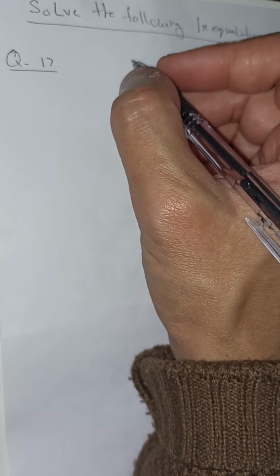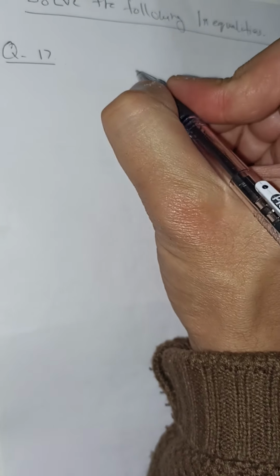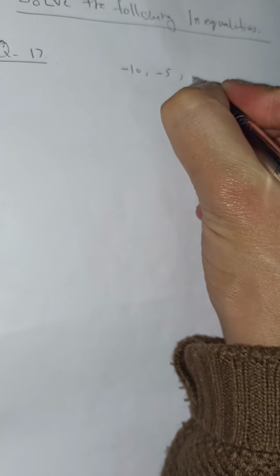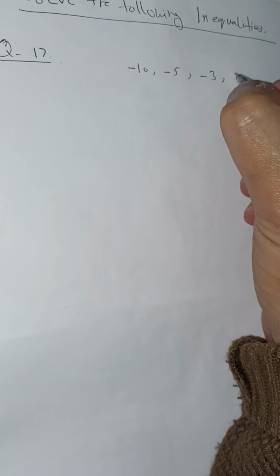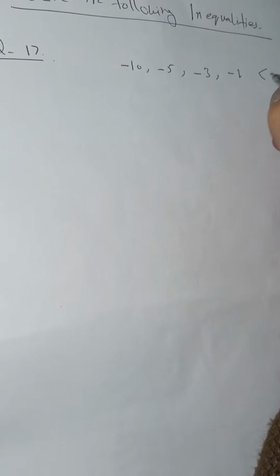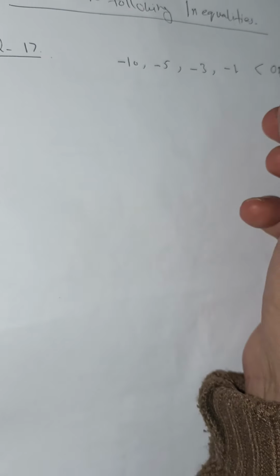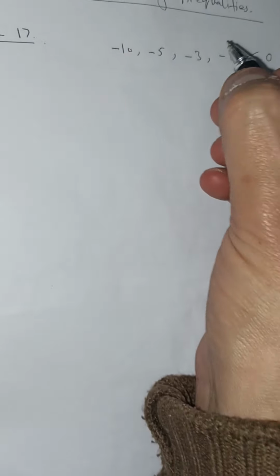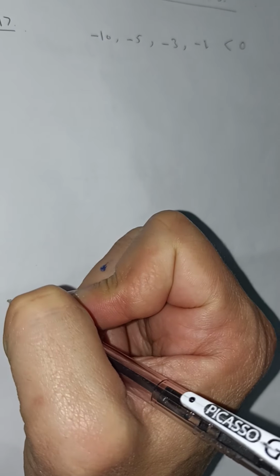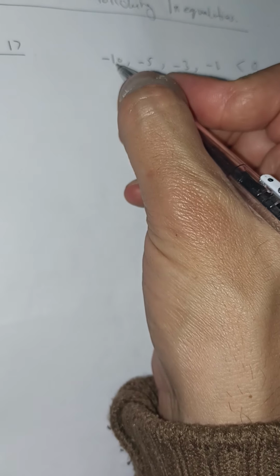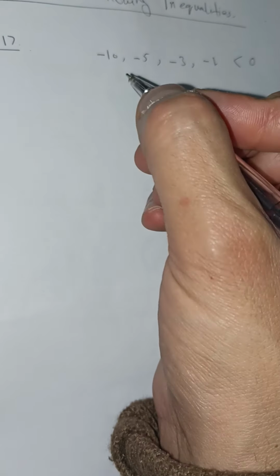Before coming toward the questions, you should know that all the figures like -10, -5, -3, -1, all these are smaller than 0 because they are negative numbers, and the more a number is bigger on the negative side, the smaller it will be.